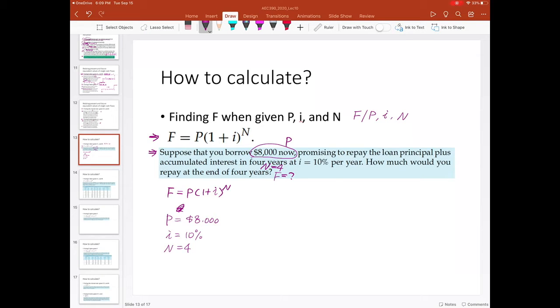So we can substitute the P, I, and N with these values. So F is 8,000 times 1 plus 10% to the power of 4. That's going to be 8,000 times 1.1 to the power of 4.